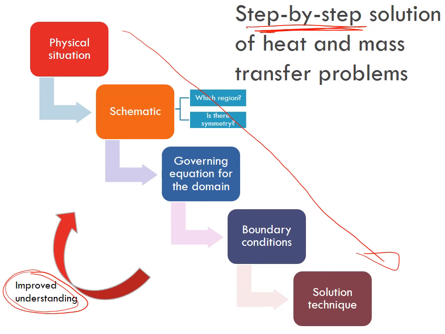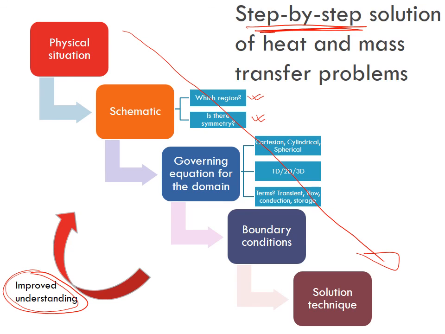Now a little bit of the detailed steps. When you do the schematic, you think: which region am I solving for? Is there symmetry? These are things that we'll spend a lot of time on later. So this is just an overview. For the governing equation, you try to decide whether it's Cartesian, cylindrical, or spherical.